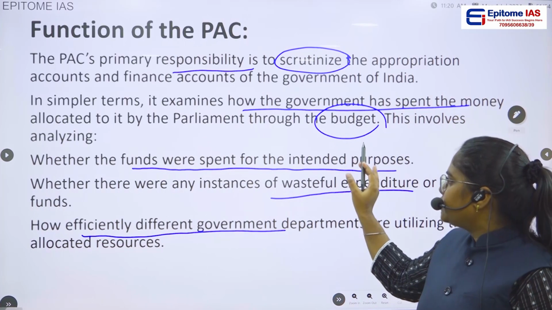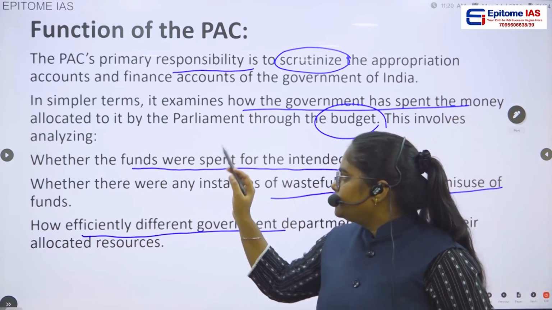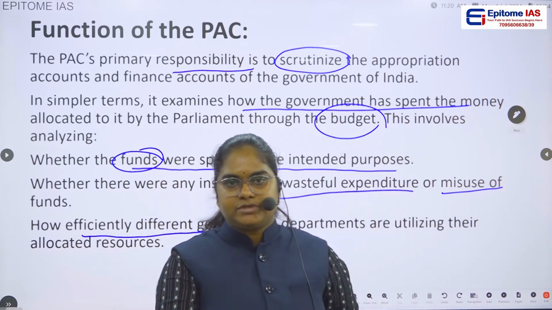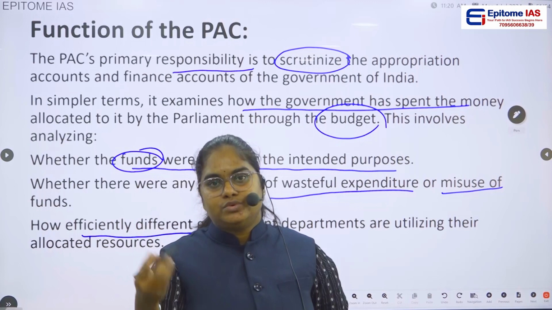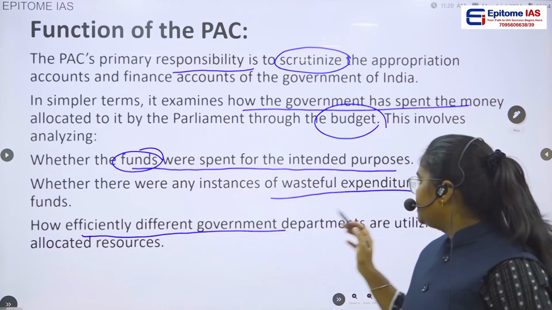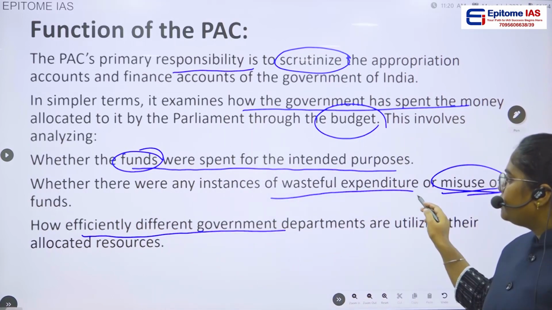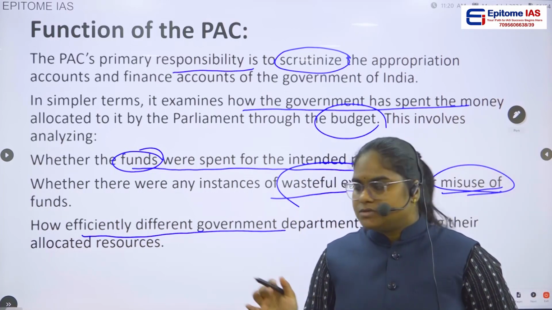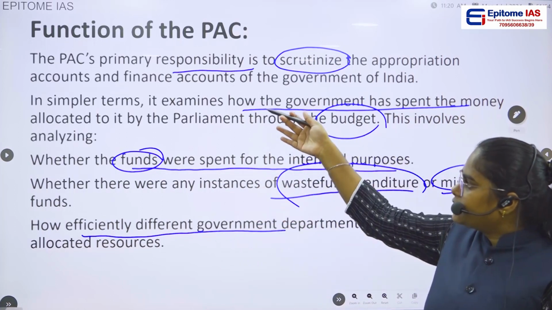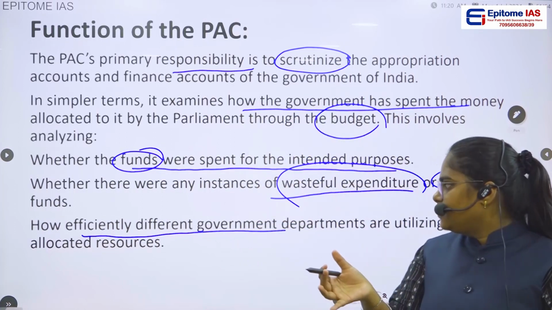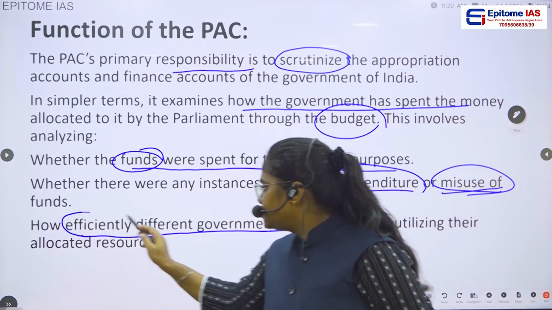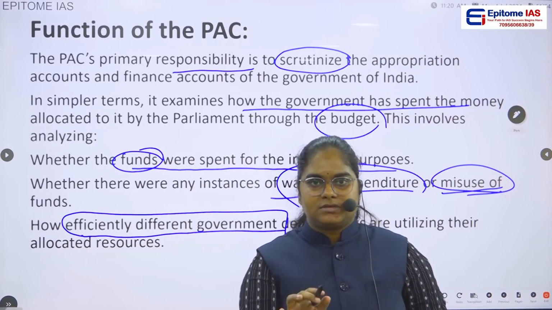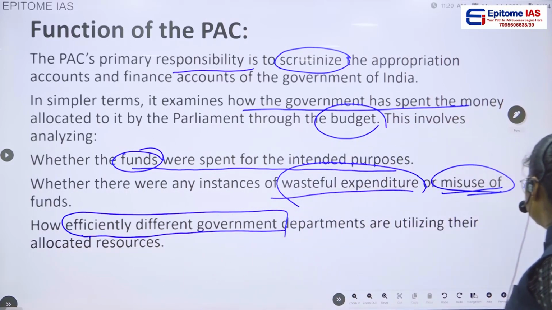So its major purpose is to examine whether the funds allocated by the parliament to the government are used in a correct manner, whether there is any misuse of the funds or any wasteful expenditure done by the government. It will also say how efficiently different government departments have spent their funds. So this is also one of their functions.